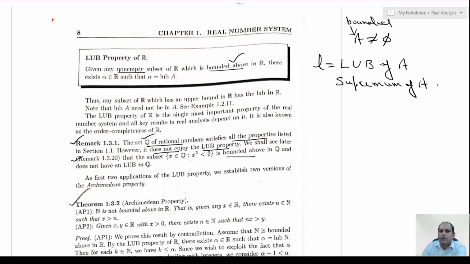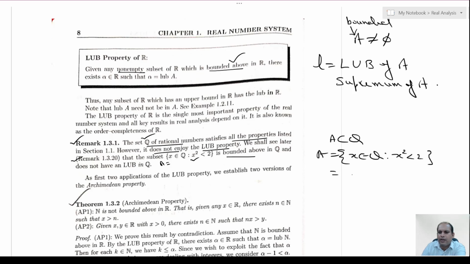Why? Because we can write this set as, let me call this set as, say, A is a subset of Q, and A is defined as the collection of all those x belonging to Q such that x square is less than 2.